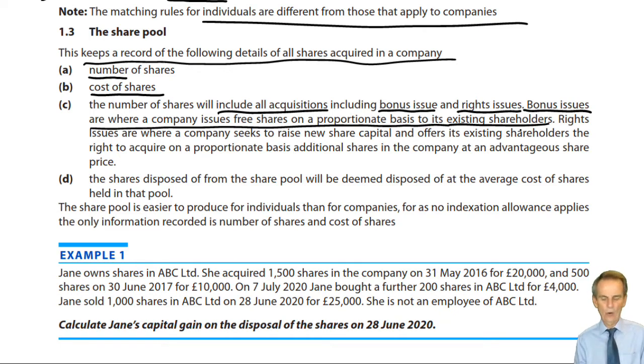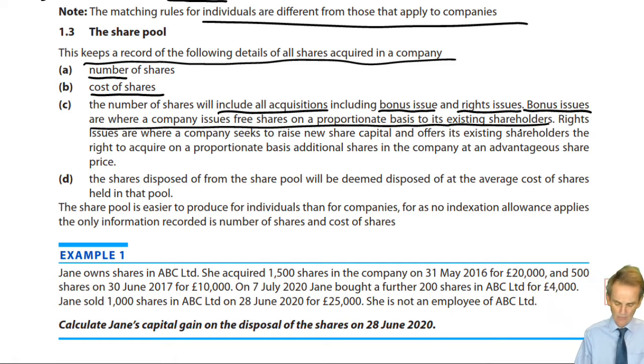Why would we say to our existing shareholders, okay, guys, for every 5 shares you own in the company, you can have 1 more free share. All it is, the company is reorganising the capital section of its balance sheet, dare I use such an old-fashioned term. And that's got nothing to do with us in terms of taxation. All we've got to know how to deal with is how do you include this within your share pool?